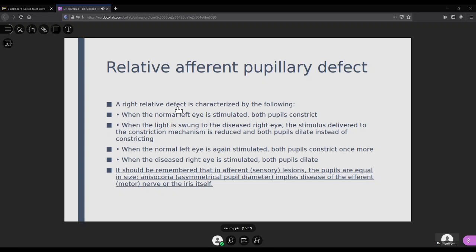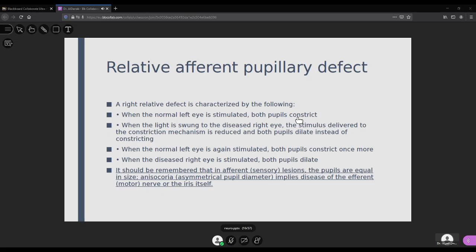However, when the light is swung to the diseased right eye, the stimulus delivered to the constriction mechanism is reduced and both pupils dilate. When we say dilate here, we mean that the pupil will go back to its normal size, not dilation as in a mydriatic effect or dilating drops.